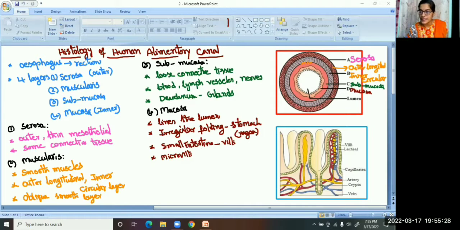Coming to the structure of villi, it has a network of capillaries that covers the lacteal, a large lymph vessel.